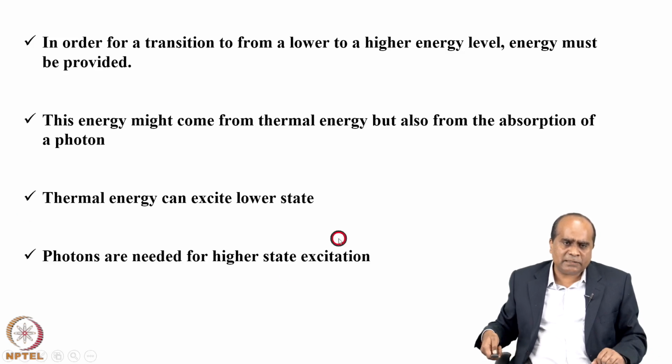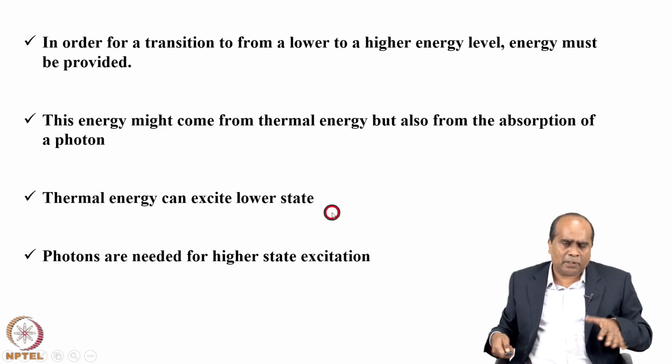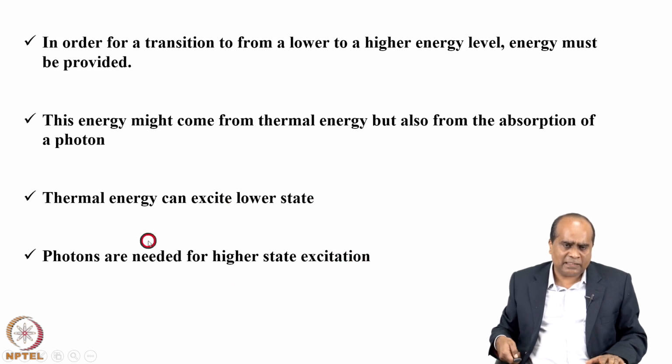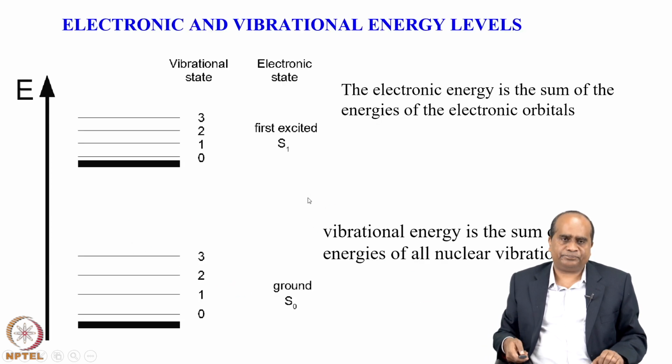Thermal energy can only excite the lower energy states because they are of the order of a few kBT, and photons are required to take it to the higher energy excited state. The thermal energy, because of molecular motion, can excite only a very small energy gap, but a photon can excite the large energy gap as well.